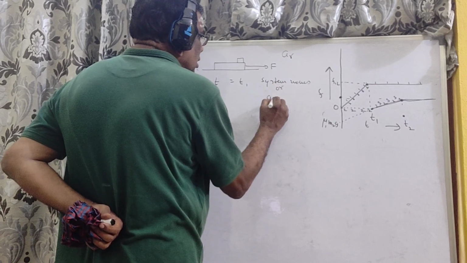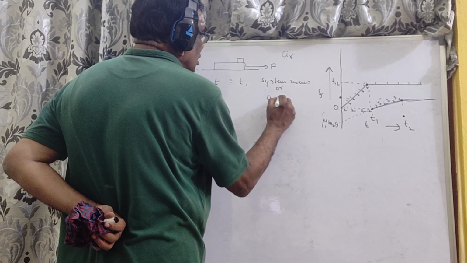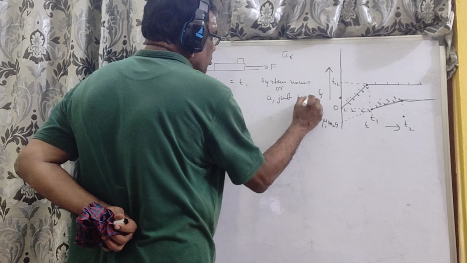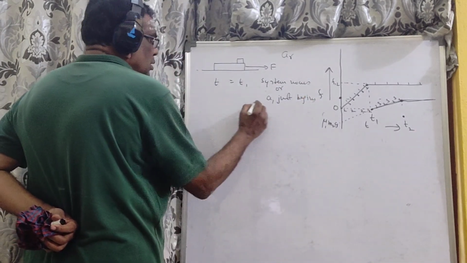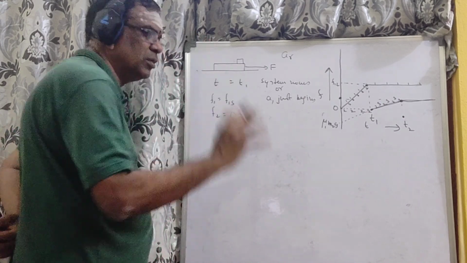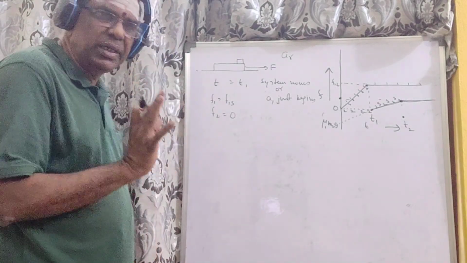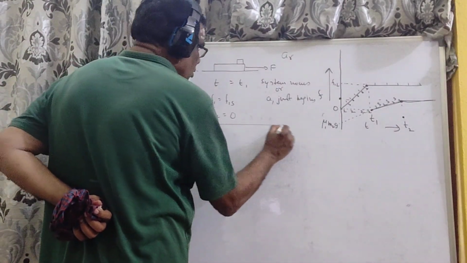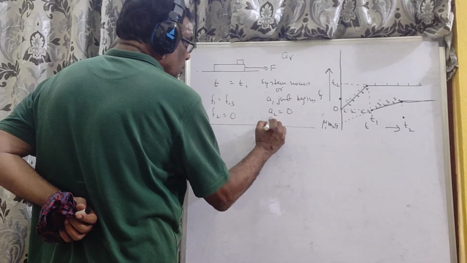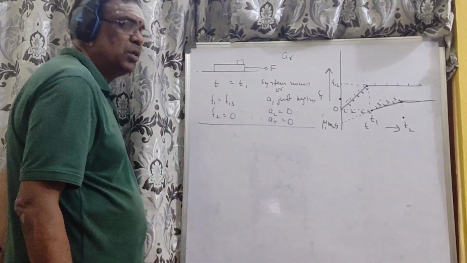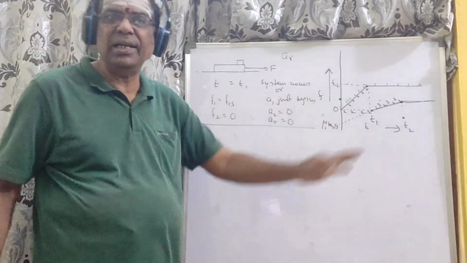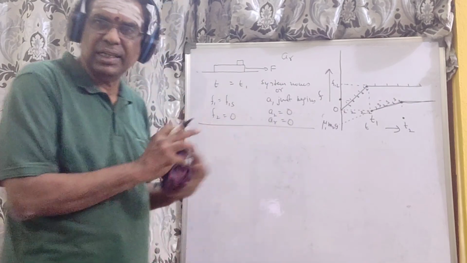Or A1 just begins. F1 is F1s, F2 is 0. I have given you ample explanation for this. This is T equal to T1. Next, A2 is 0, AR is 0. So, you derive some equations. You can directly substitute these values and you will get the same equation as I have derived in this case.